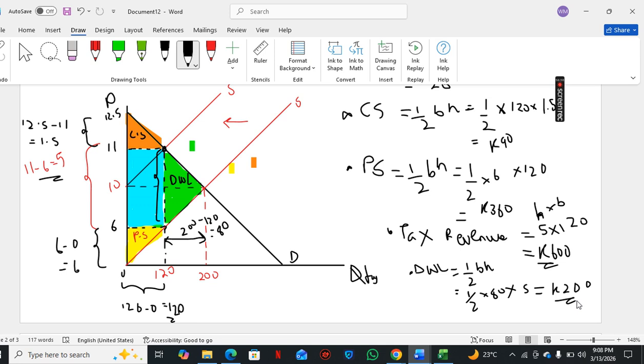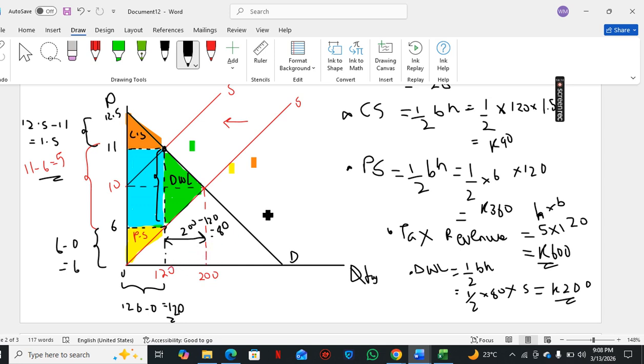Come again, please. I was getting the area of this green triangle here. The height from 120 to 200, you just subtract, it was 80.